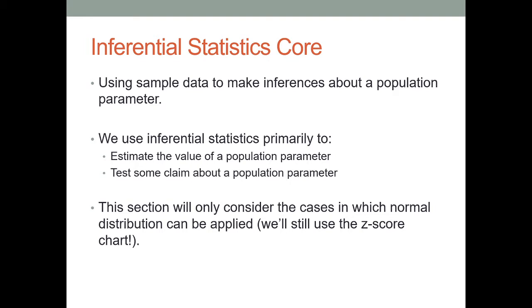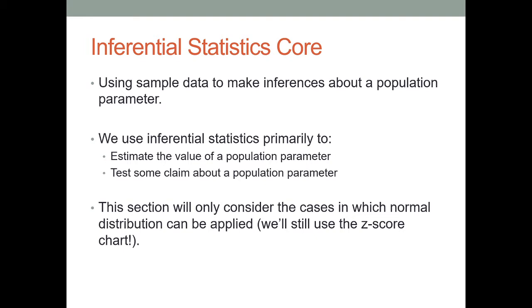A population parameter is simply a value that tells you about the characteristics of a population, like for example, the average. The average of a population is a population parameter. So the average height of the American male is a population parameter for American males in the United States because it tells you something about their height. It just gives you data about their parameters.